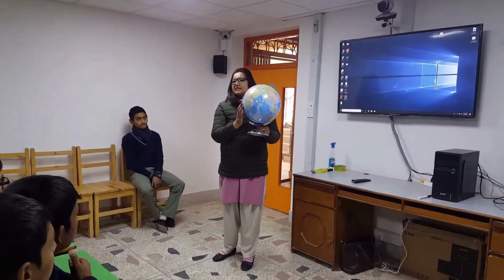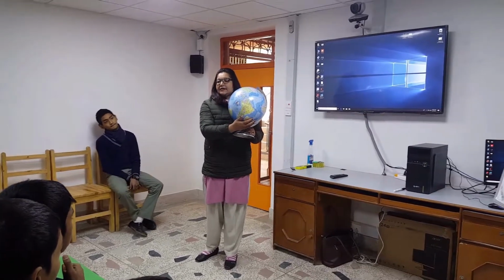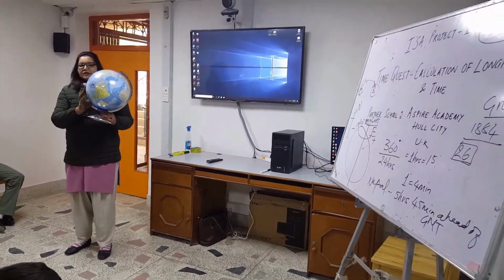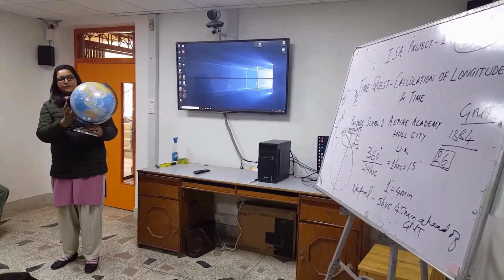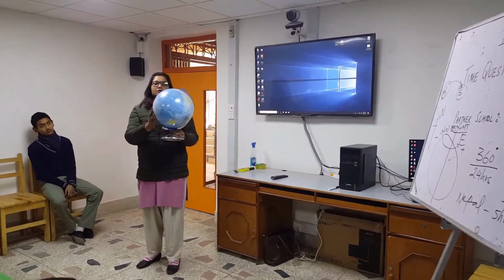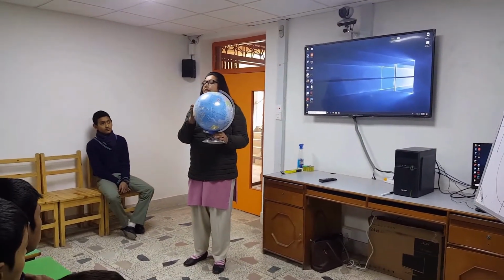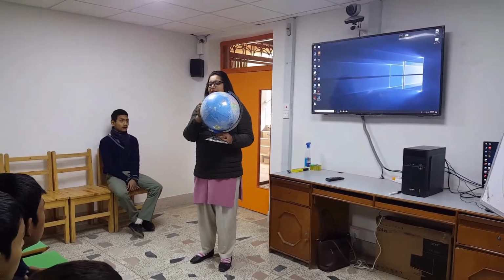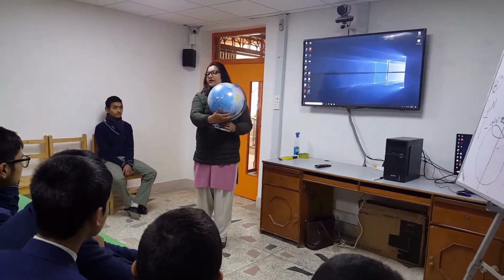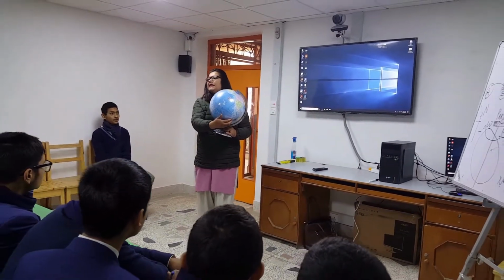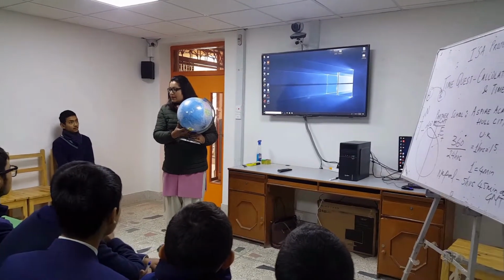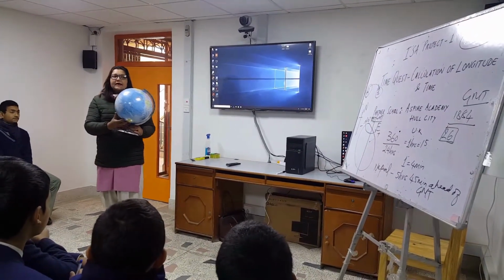That's why on the eastern side the time is ahead, and on the western side the time is always behind. Okay. So suppose there is 12 noon in Nepal, what will be the time opposite, at the 180 degree over here? Yes, midnight. Because the earth spins from west to east.